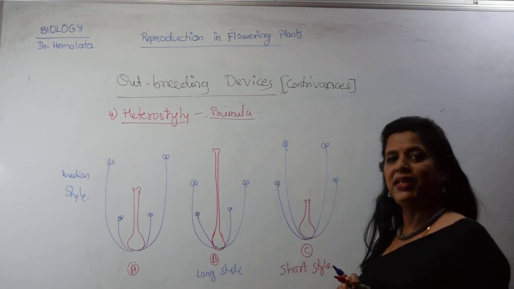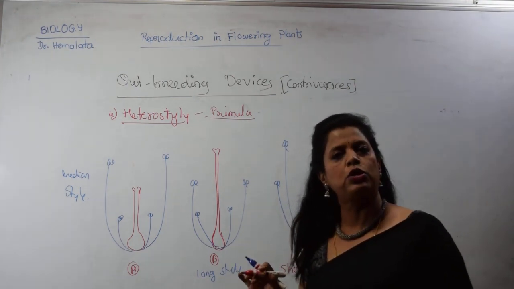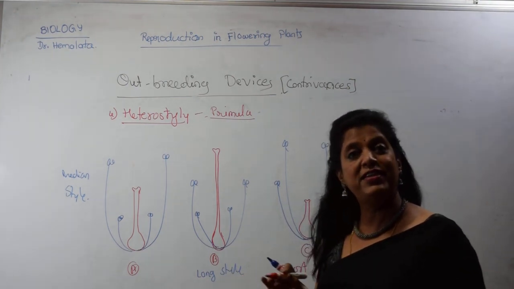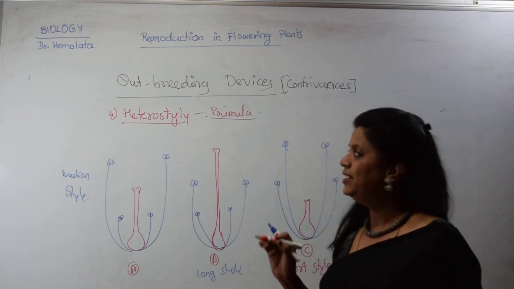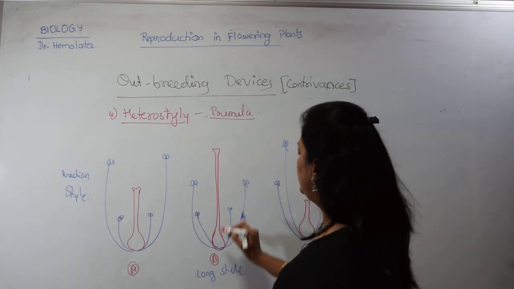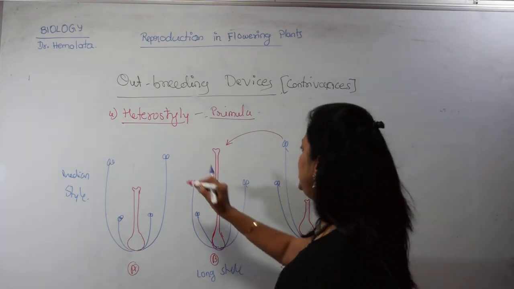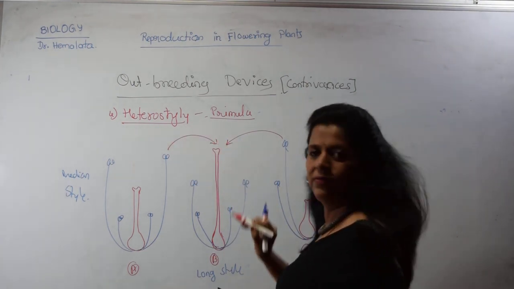Now imagine why they are produced like this. Every flower wants to undergo cross pollination, so they change the style size. That is heterostyly. The plant having the long style will undergo pollination either with the C plant or with the A plant. Right?